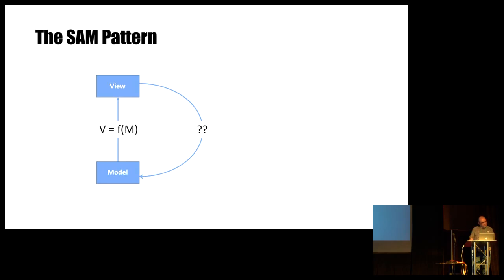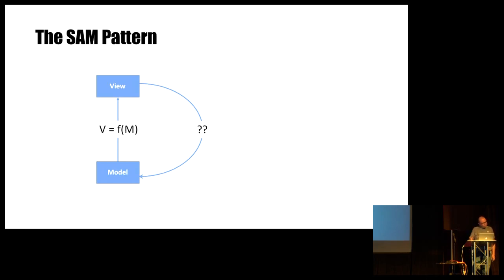The model to view path is clearly functional, this is what React taught the industry. If you're not using functional HTML, or if you're not creating your view as a function of the model, you should really look at that, because this is so powerful that I don't know anyone who would resist the power you get doing so. The problem is what happens the other way around.